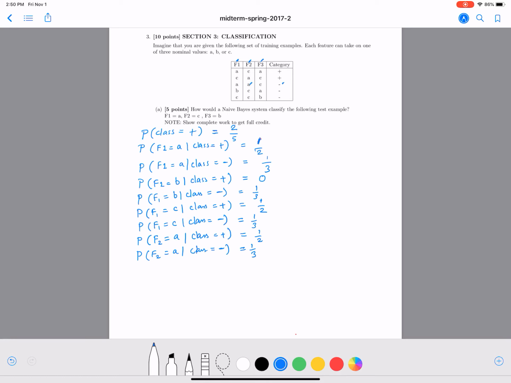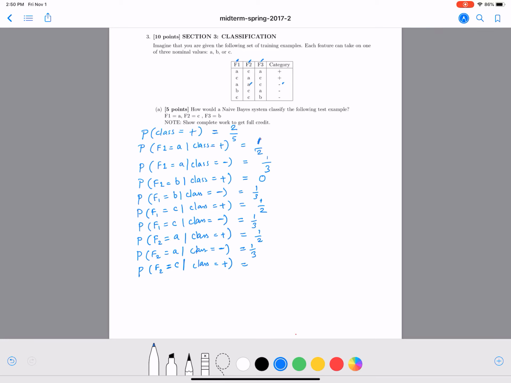Probability of F2 is equal to the next value. So is there a B in F2? There is no B. The values have only A's and C's. Then we can go to C, the next possible value for F2. Class equal to plus.